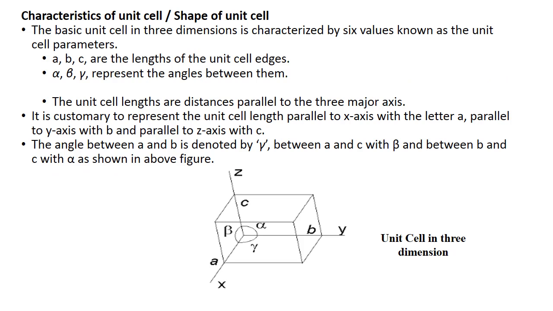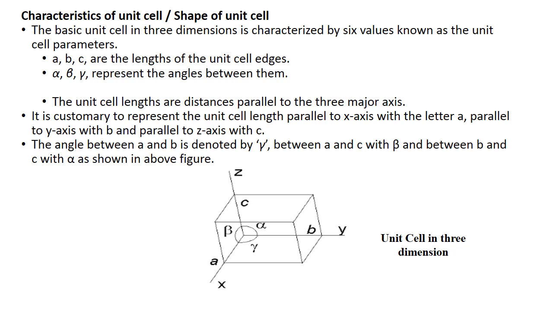Characteristics of unit cell and shape of unit cell. A unit cell has a definite shape, as we have discussed. The unit cell also has constant values of three cell lengths, which are A, B and C, and three angles, alpha, beta and gamma, which are present between the cell lengths.